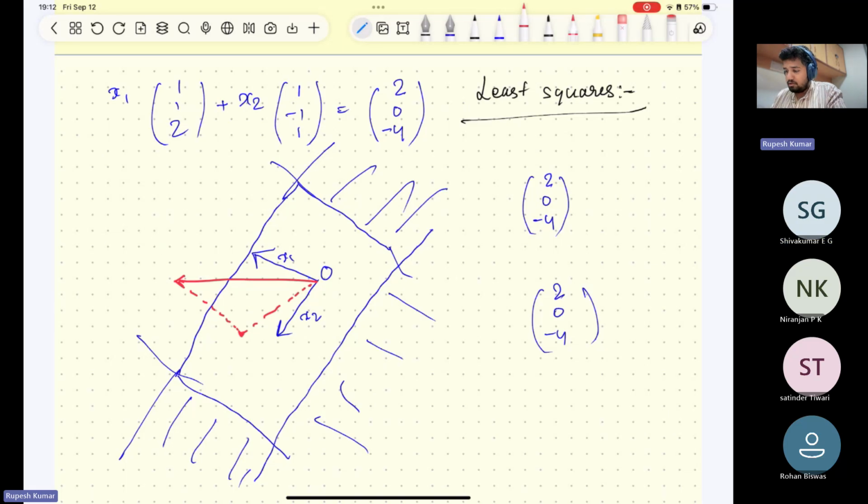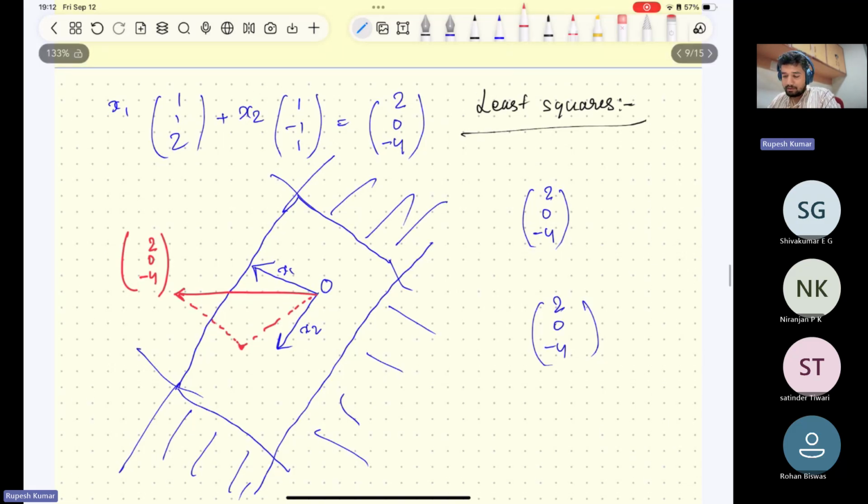Let me write this here in red. This is the vector 2, 0, minus 4, which is not lying in the plane in which we want to find the solution. Can we take some linear combination of these two vectors to go to this? No. Why? Because this vector has a component that is not present in the space itself, right?